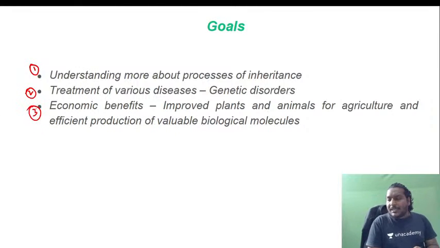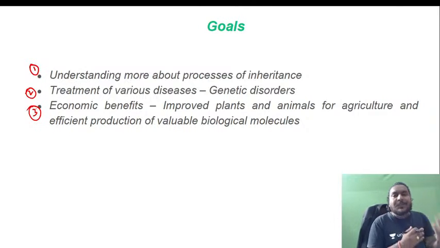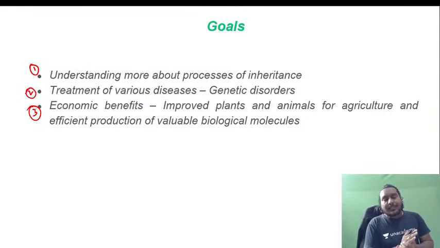You want to ensure that the plants and animals would give you better production. So better agriculture, pest resistant crops, certain kinds of things could be created through biotechnology itself. That is the most important thing here under the goals.